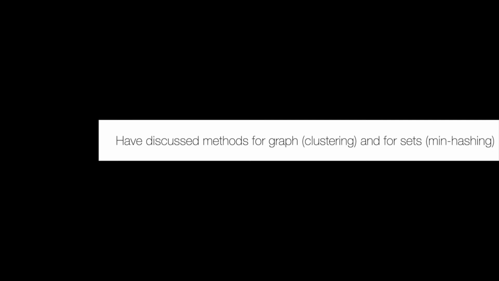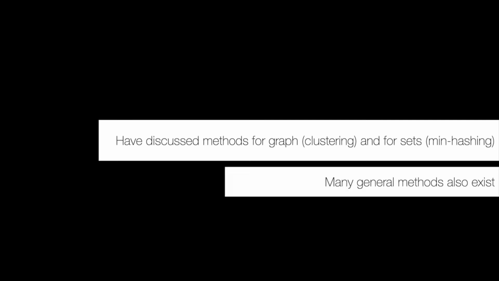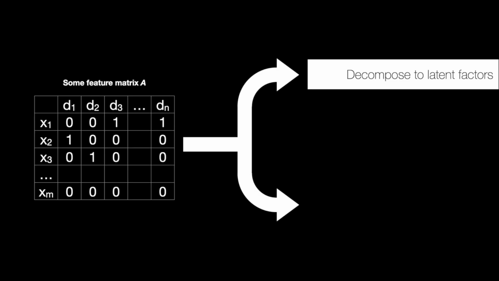So we've already talked about this idea of dimensionality reduction that we can answer with graph clustering, and we can answer for documents or elements that are characterized by sets of common neighbors. We do that with min hashing. But there are other general methods for doing dimensionality reduction as well. So if we're trying to do decomposition to latent factors, we've talked about that to some degree.